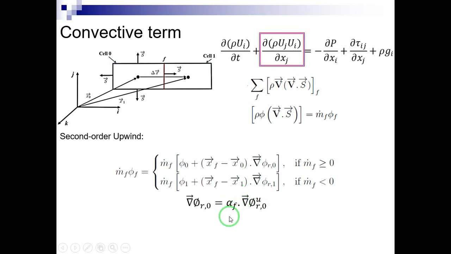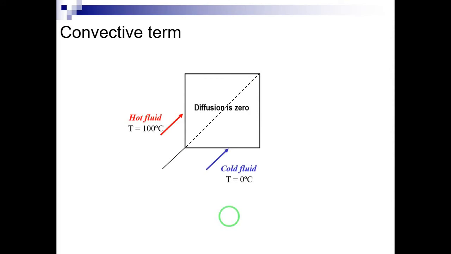Alpha f is defined in fact based on the minimum and maximum values of the scalar quantity phi found in the neighboring cells. Now, let's evaluate the accuracy and performance of both the first order and second order upwind schemes presented here.